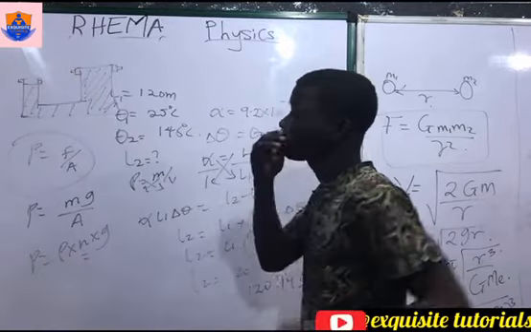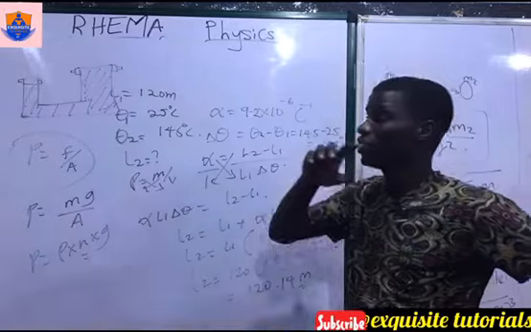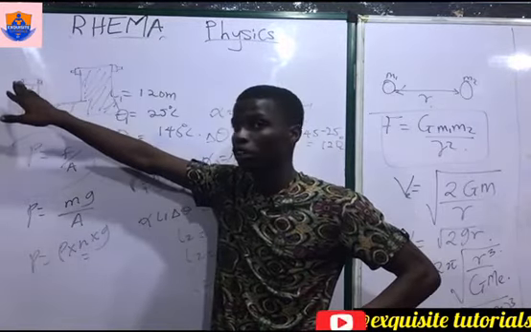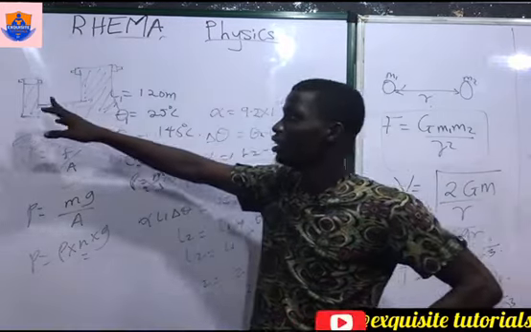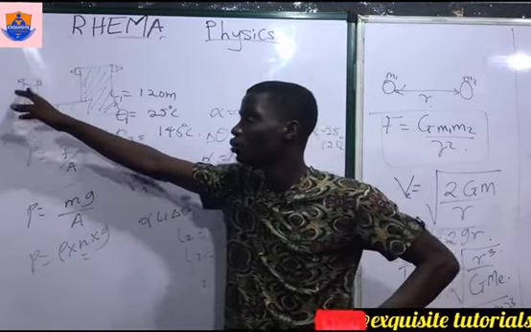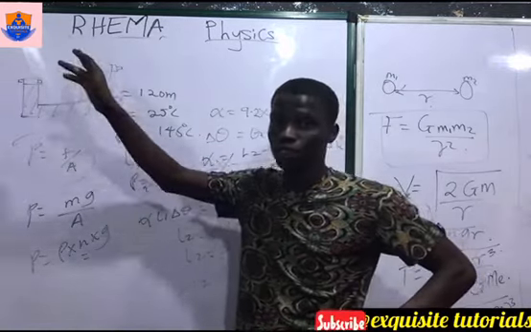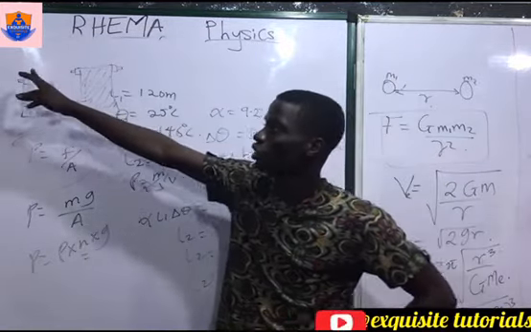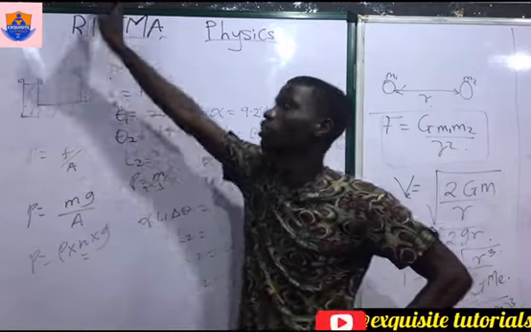In the hydraulic press, you have to apply a force here, and there's a liquid inside. So if you apply a force here, there will also be a force released out here.